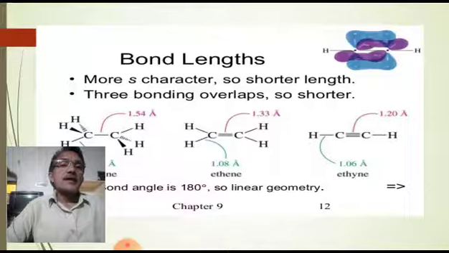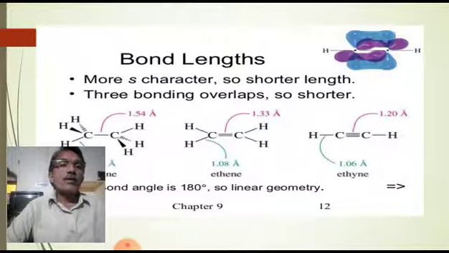As the s character increases, bond length decreases due to the atoms coming close to each other. As the number of bonds between two atoms increases, the bond length decreases. Otherwise, as the s character of hybrid orbitals increases, bond length decreases.